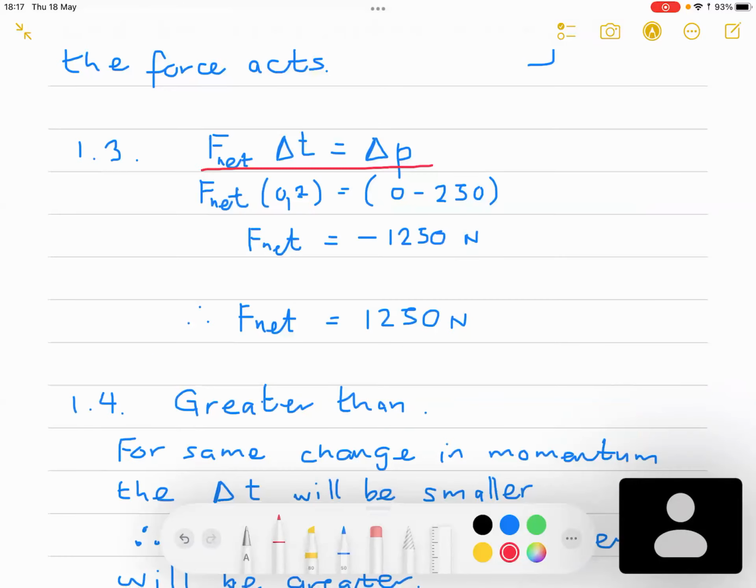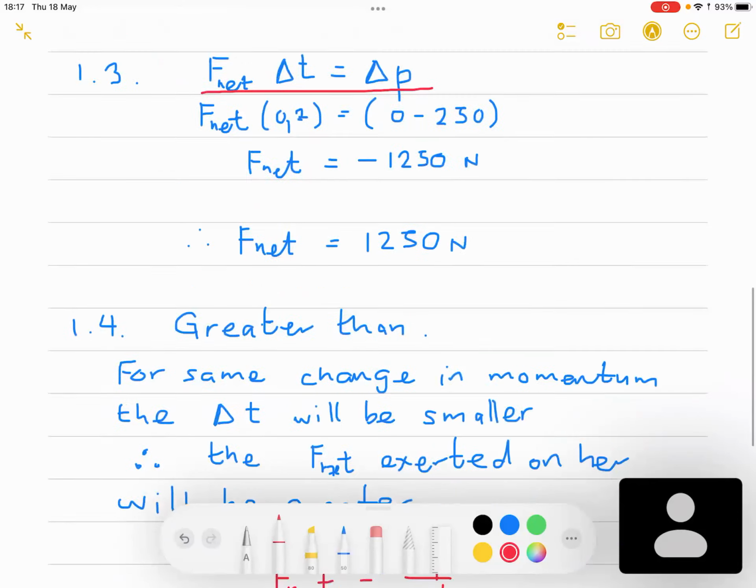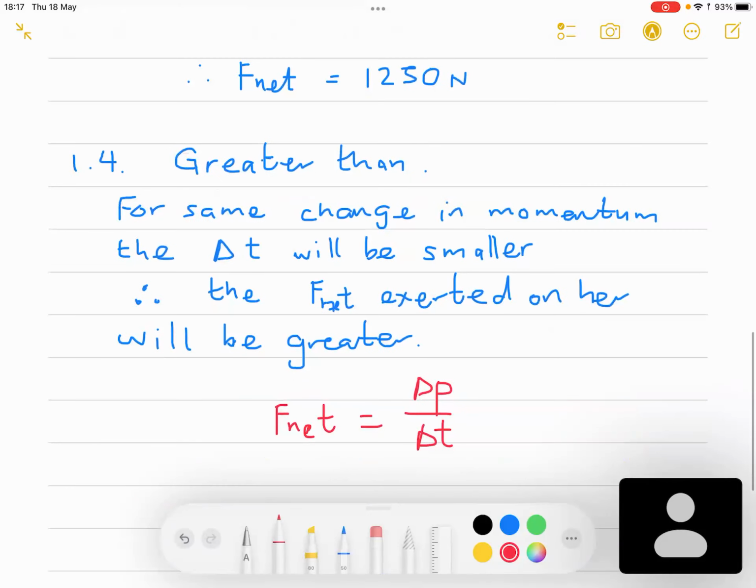So if she lands and bends her knees, the net force will be 1250 newtons. If she lands and doesn't bend her knees, then she's going to come to a stop much quicker, which means the delta T is going to be smaller. If you look at the equation for the net force, you can see that the time interval is in the denominator.